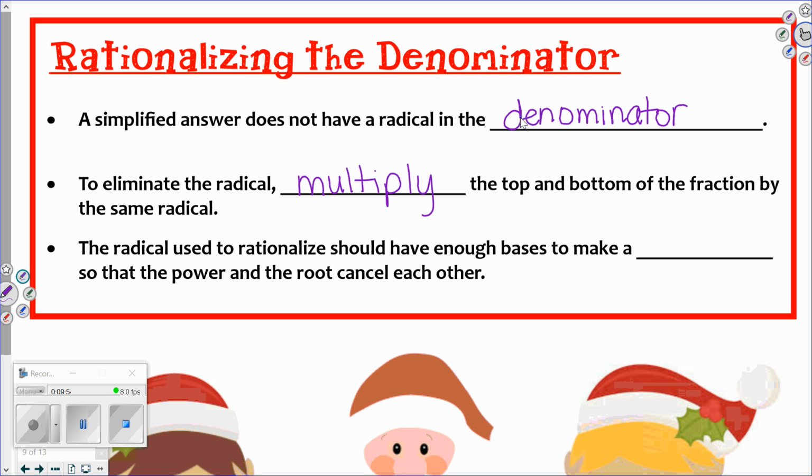Not like we did with square roots. The radical used to rationalize should have enough bases to make an exponent so that the power and the root cancel. And I'll explain what that is here just in a minute.